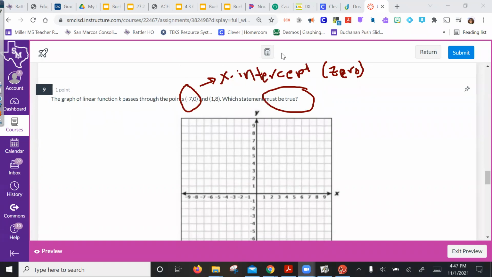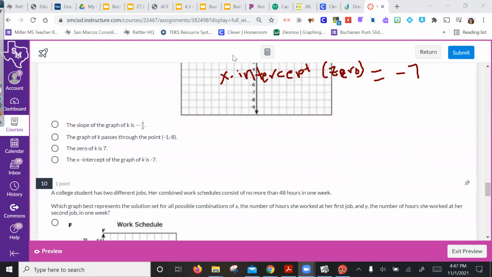So we're going to look at our answer choices, because we know we have an x-intercept, or 0, at negative 7. We want a true answer. The slope of the graph of k is negative 4/3. That's a possibility, we haven't solved for it yet.